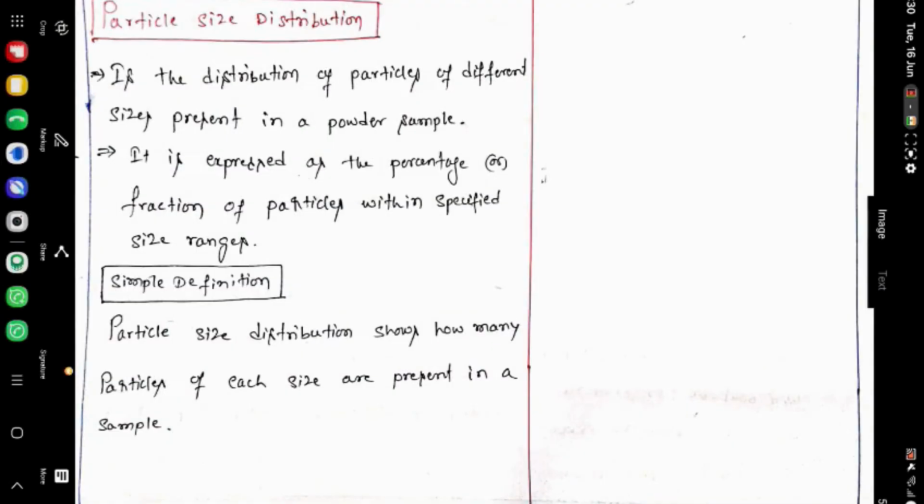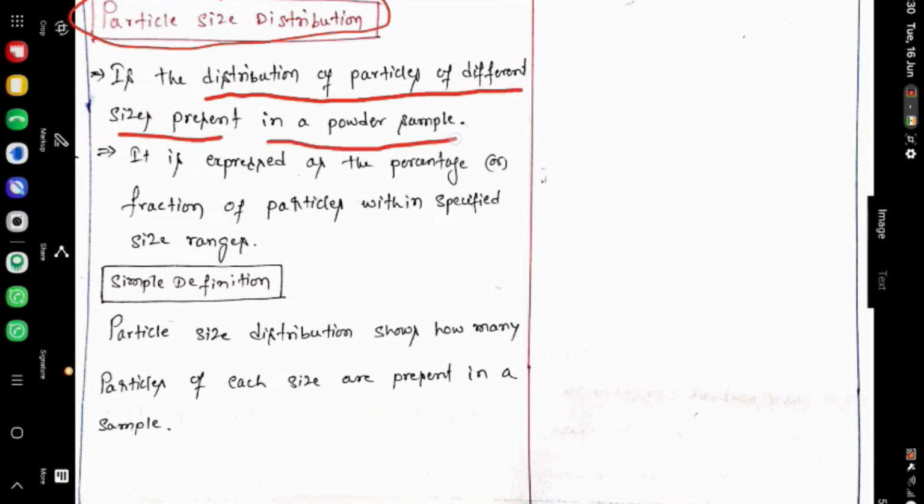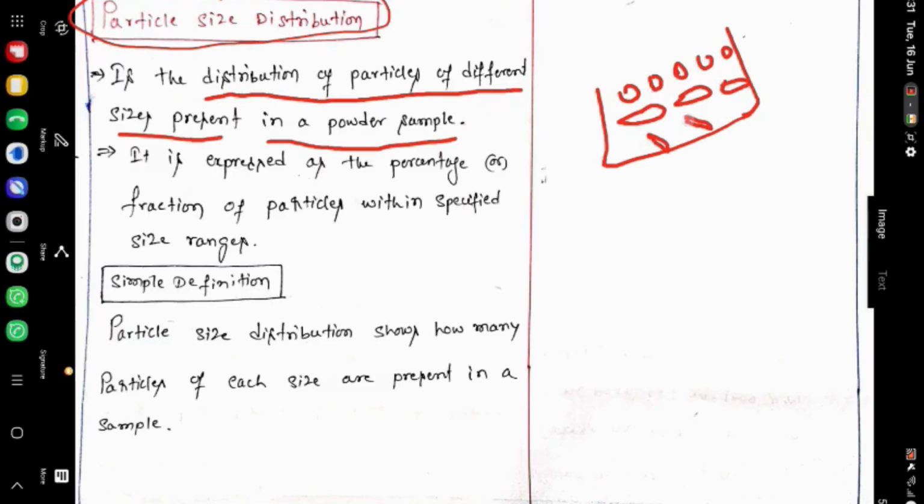What is particle size distribution? It is the distribution of particles of different sizes which is present in the same powder sample. For example, here we are taking a powder sample which is having different sizes of particles. Here we can see there are different sizes of the particles.